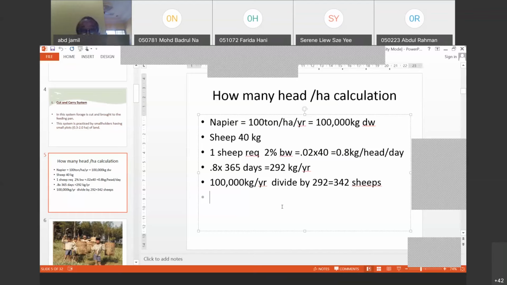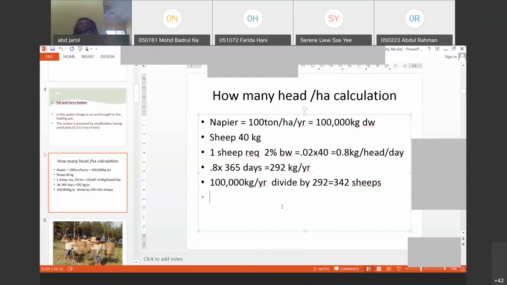So 400 gram costs 40 cents. But if you give 500 gram, 500 gram costs 50 cents, and that is 10 cents of difference.